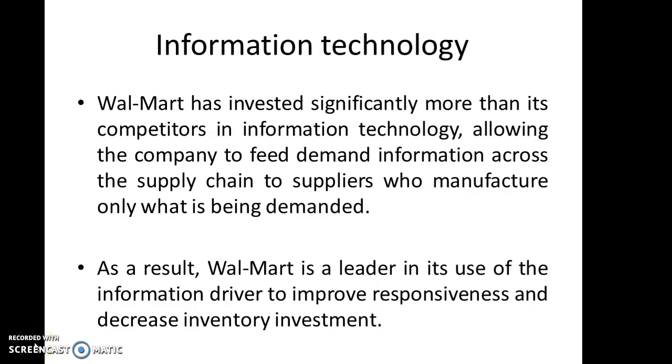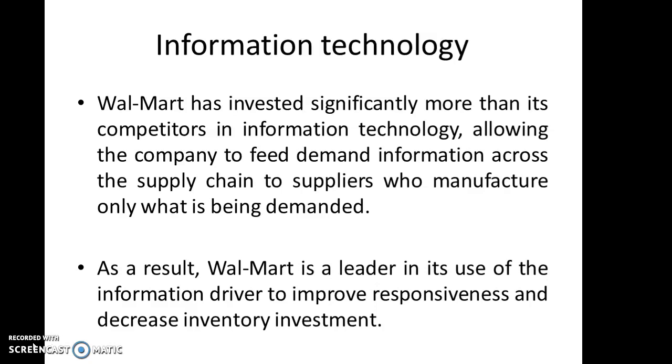The next important driver is information technology. We'll see how Walmart uses information technology to design a better competitive supply chain strategy. Walmart has invested a lot in information technology compared to its competitors, so that it gets demand information up to date and uses this information to make the suppliers manufacture only what is being demanded by the consumers.